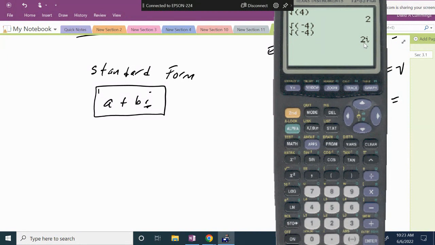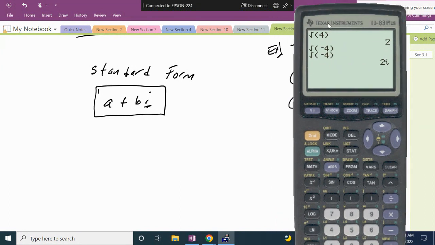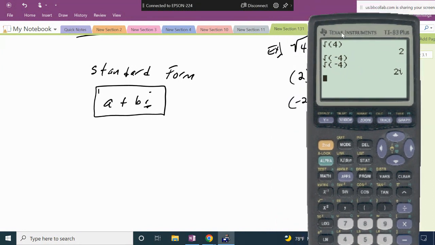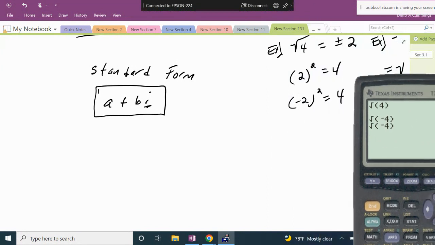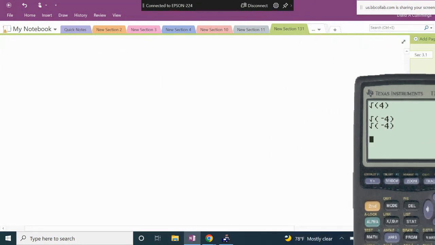If your calculator is in a plus bi, the complex number system, it will in fact give you the square root of a negative number. So as we're looking at the problems in section 3.1, we can actually do these same operations on the calculator. Just to show where that imaginary unit i comes from.